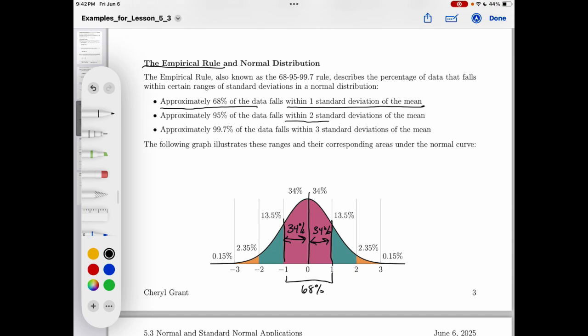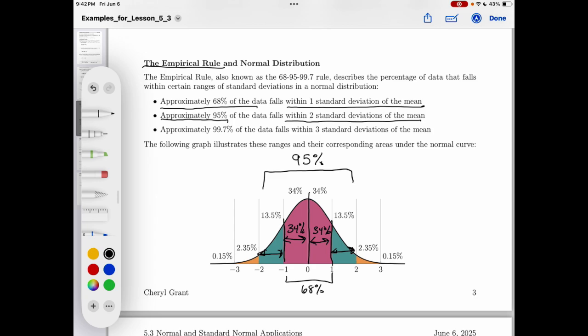Now, if we go within 2 standard deviations and we go out further, that contains about 95% of the data. So from about here to here, within 2 standard deviations, that's 95% of the data. Now, when we split that up, it's 13.5% from -2 to -1.